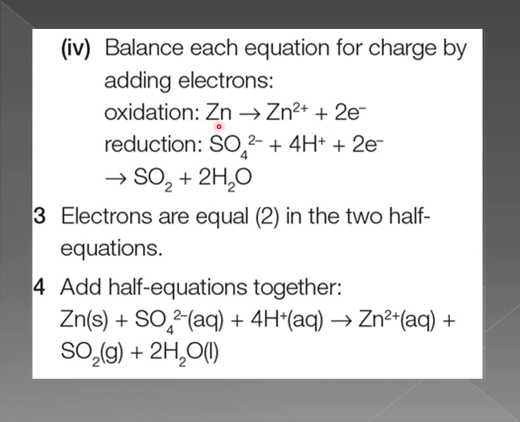In the oxidation, the reactant charge is 0, but in the product it's plus 2. So we have to add 2 electrons to make it 0. And in the reactant of the reduction equation, it's negative 2 plus 4, so it's plus 2. So we need to add 2 electrons to make it 0.